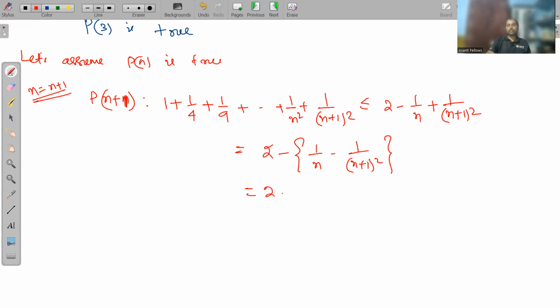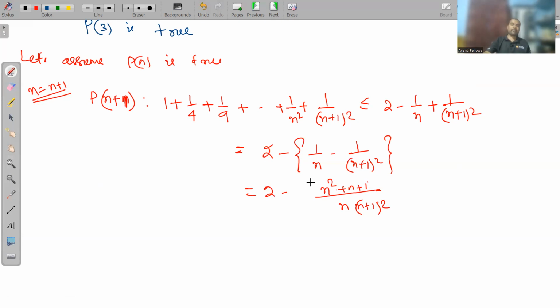So this becomes 2 minus, if we take the LCM, this becomes n into n plus 1 whole square, and the numerator becomes n plus 1 whole square, that is n square plus 2n plus 1 minus n. So in place of this 2n, we can write n directly, plus n plus 1.